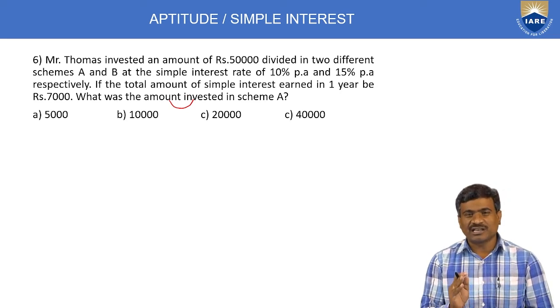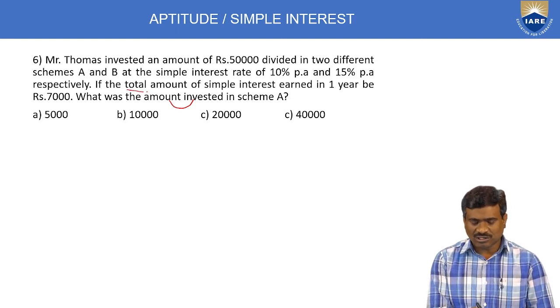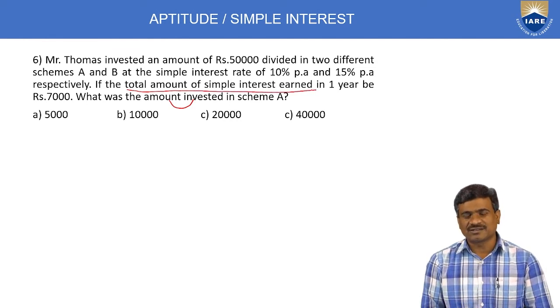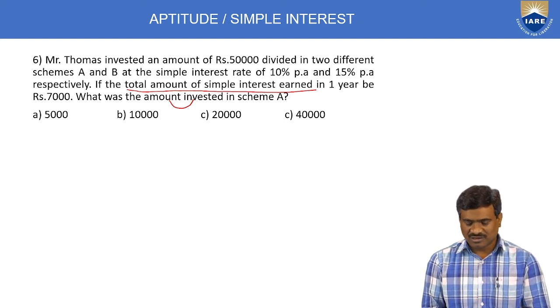Now find the scheme A principal amount. The total amount of simple interest means total interest, that is SI1 plus SI2. Time duration is 1 year, total interest is 7,000.